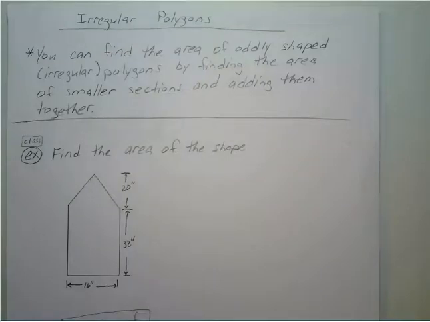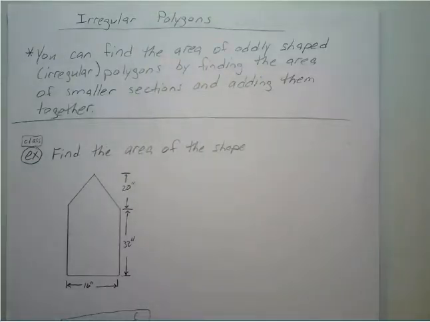Okay. Now, with irregular polygons, normally we have just regular triangles and rectangles and squares. But sometimes you'll have a shape that's not just a regular shape. It's an odd shape, like this one in this example. Okay, so what you do is you take that odd shape and you break it down to regular polygons.